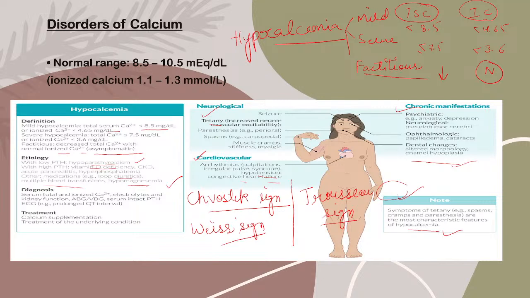These two are signs of tetany seen in hypocalcemia, mainly due to abnormal reaction to the stimulation of a nerve. In Chvostek sign, there is abnormal reaction to the stimulation of the facial nerve. Whenever the facial nerve is tapped at the angle of the jaw, the facial muscle on the same side of the face will contract for a moment due to hyperexcitability of nerves.